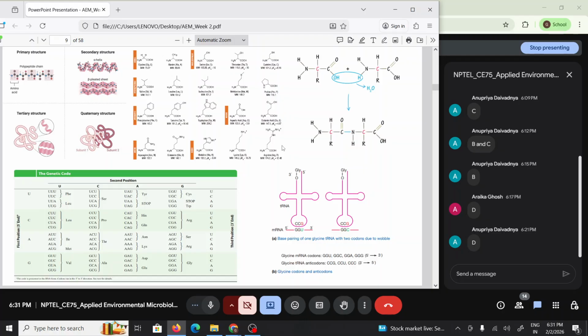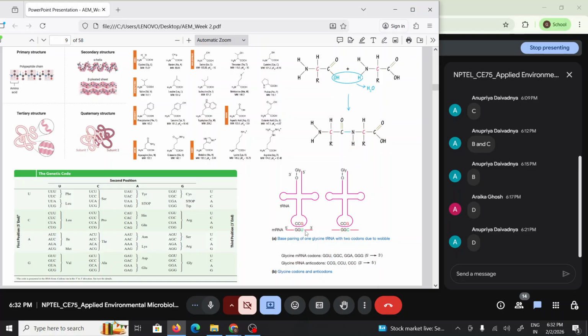Whenever in the translation process a group of three nucleotides, known as a triplet codon, is detected, the corresponding amino acid will be carried by a tRNA. As you can see in the structure at the bottom right of the image, this is a tRNA.